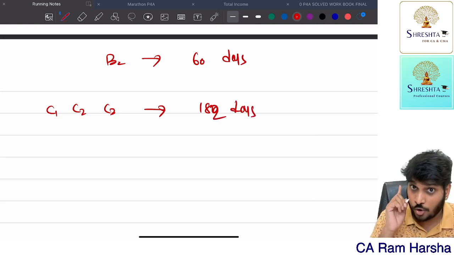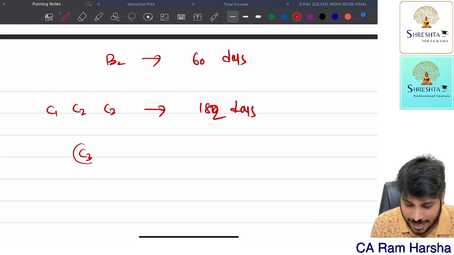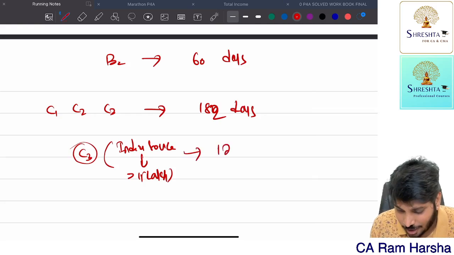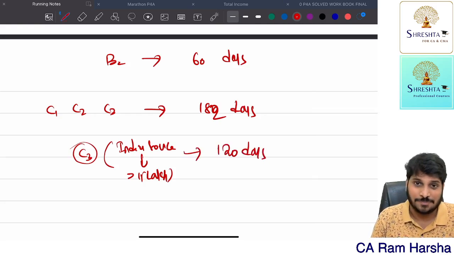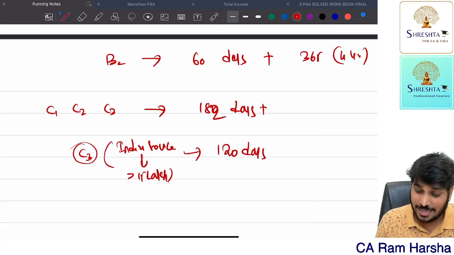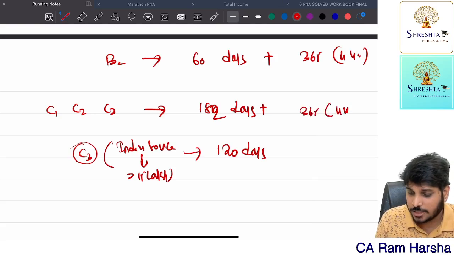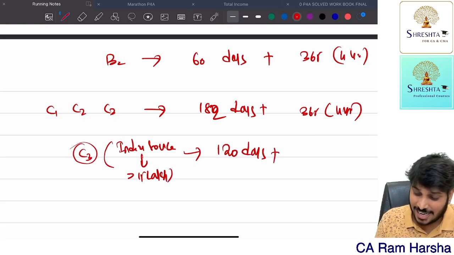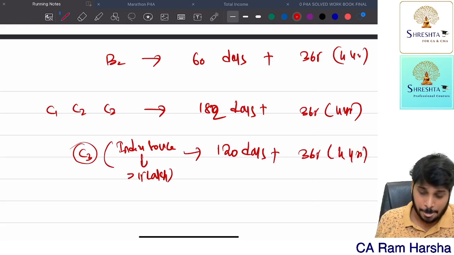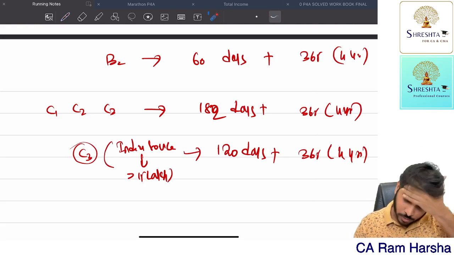I am talking only about condition B2. For case 3, if having Indian source income exceeding 15 lakh, then not even 182, just 120. So originally 60 days or more plus 365 days or more in the past 4 years. Then 182 days or more in the current year plus 365 days or more in the past 4 years. Then 120 days in the current year, 365 days or more in the past 4 years. That's the logic. This is what many students confuse.